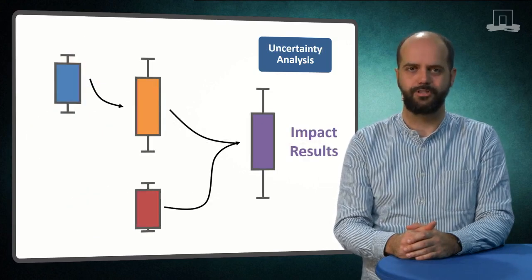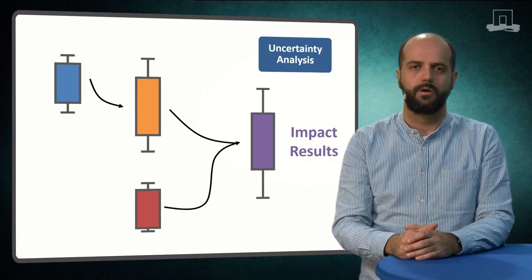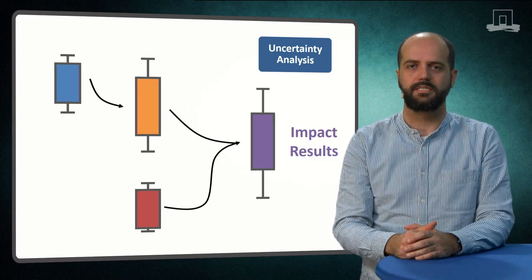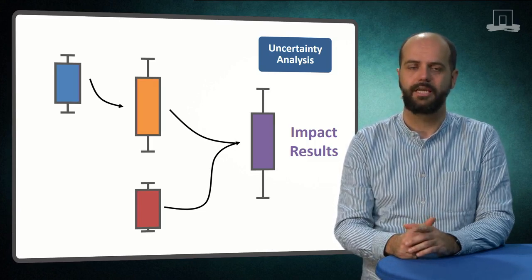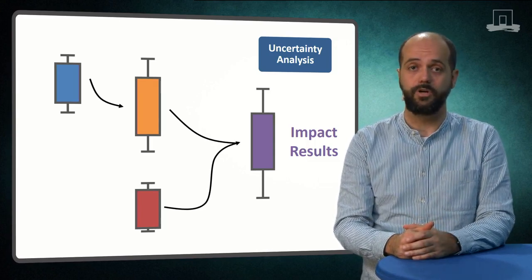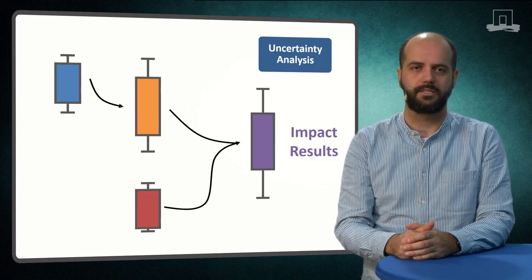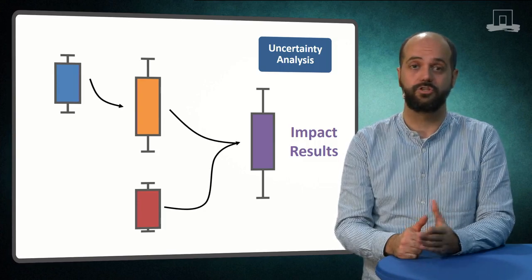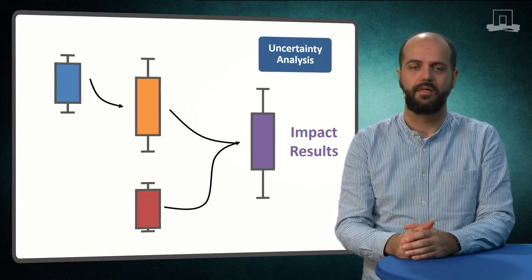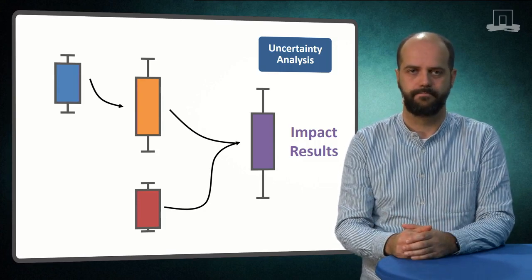Finally, we have uncertainty analysis, and you guessed it, it's about uncertainty. We can define uncertainty analysis as the systematic study of the propagation of input uncertainties into output uncertainties. In simple language, if you know the degree of certainty of each elementary flow recorded in our LCA, the certainty of characterization factors, the certainty of normalization factors, and the certainty of our weighting factors, then uncertainty analysis can determine the certainty of our final results.